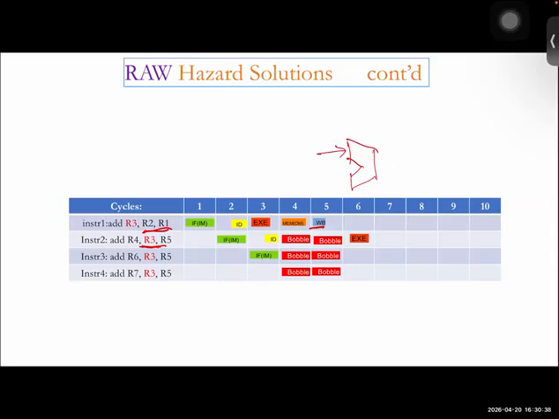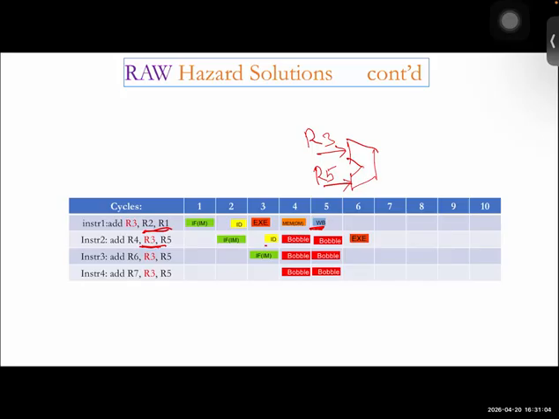Input 1 is R3, which is ready because it was written at the fifth cycle. The second input is R5. So the ALU will get the correct source 1 and source 2 values read from these two registers.